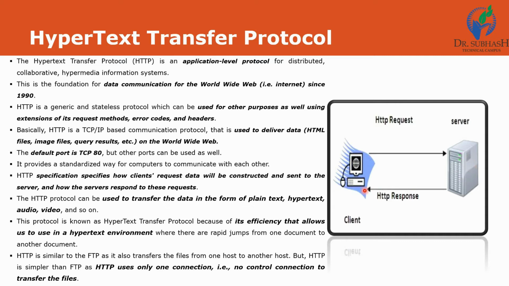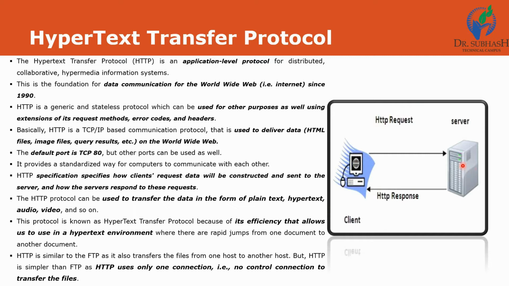As and when we provide one request, one URL, from the client to the server, the request will be converted into objects. These objects are the HTTP request and the HTTP response. This request passes from the client to the server, and the server will process this request.